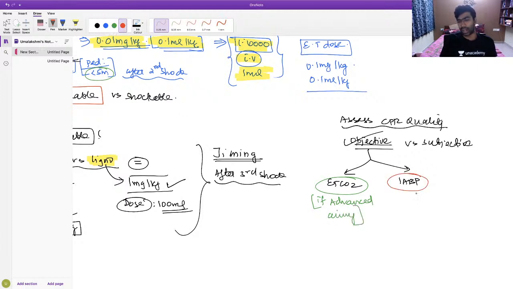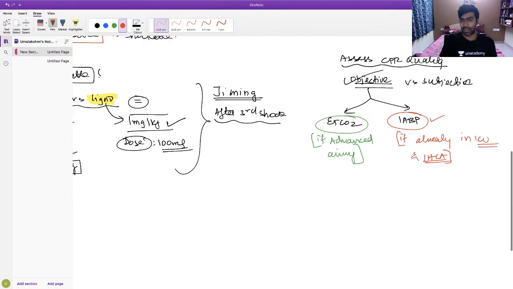And intra-arterial blood pressure monitoring can be used if the patient is already in the ICU, an ICU patient who has an intra-arterial blood pressure line in situ and goes into an in-hospital cardiac arrest, for example in ICU settings.